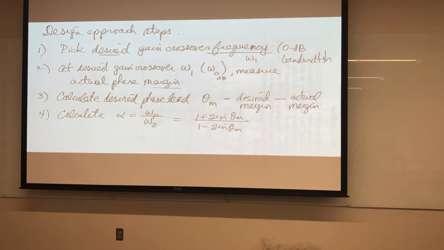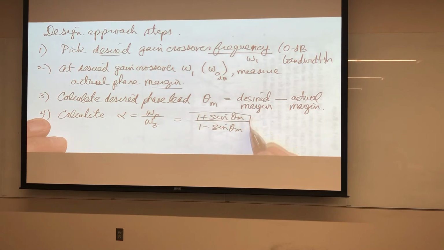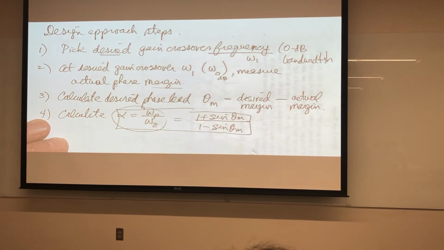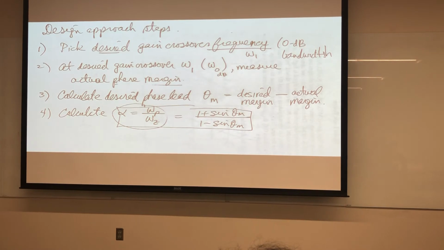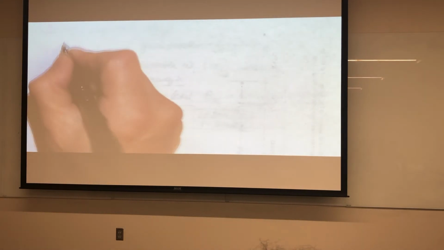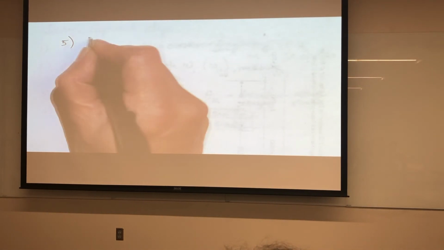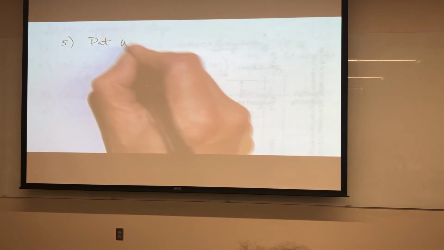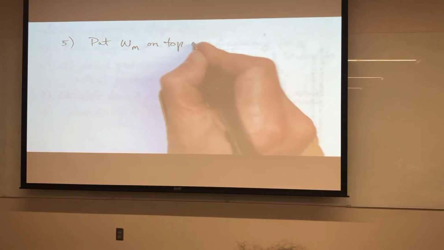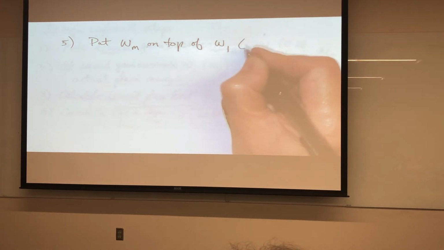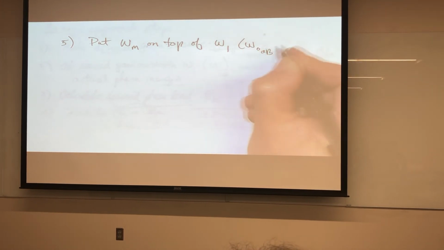All right. So this is one of the formulas that I need. Okay. And this is the other formula that I need. There's two formulas here. But right now, it's just going to give me, I'm going to know what this is, but I still have two unknowns, omega p and omega z. The next thing we do is put omega m on top of omega 1 or omega 0.